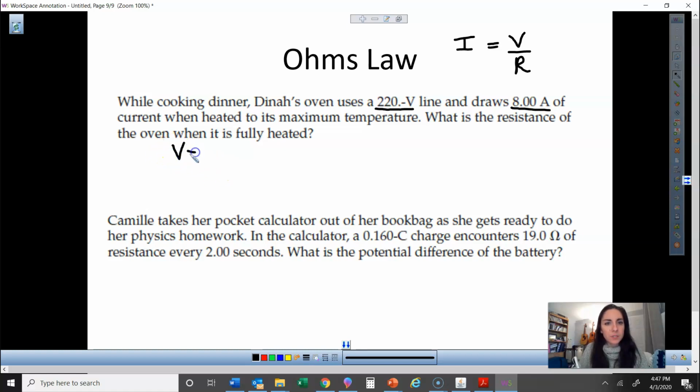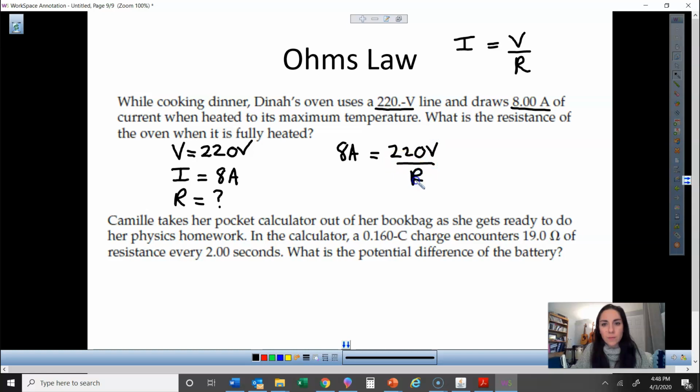Our voltage in this is 220 volts, our current is 8 amps, and we're looking for resistance. So the current is 8 amps, the voltage is 220 volts, and I'm looking for R.